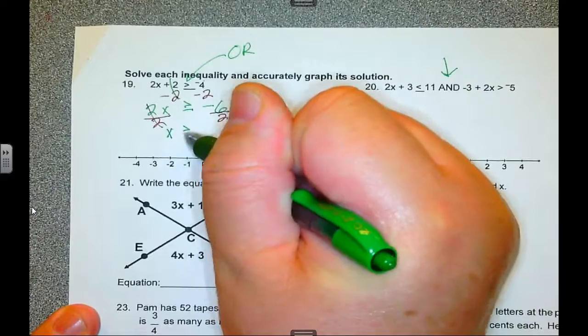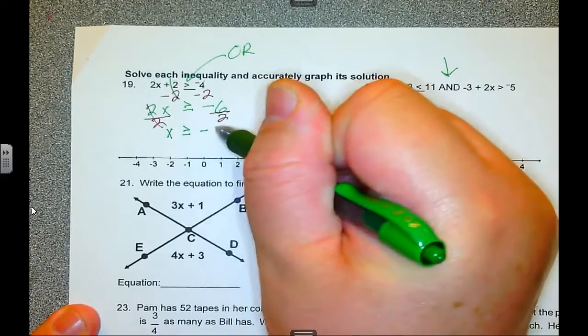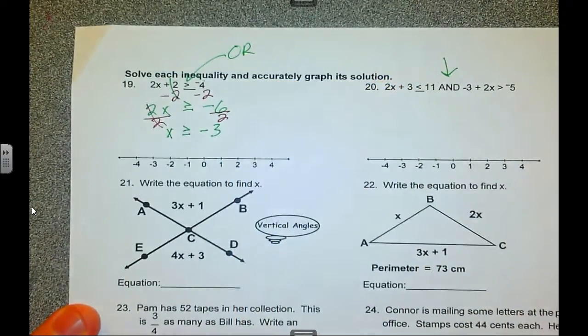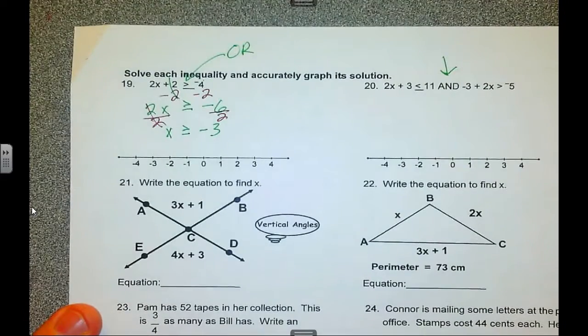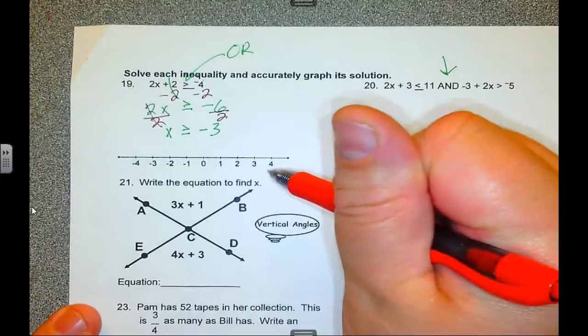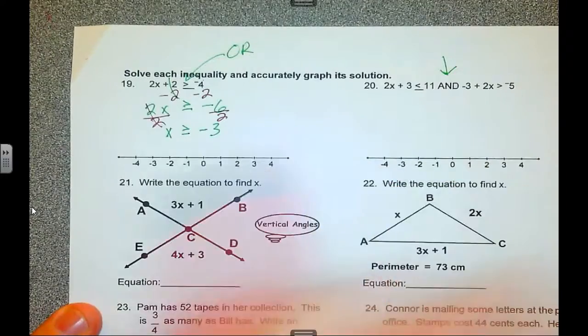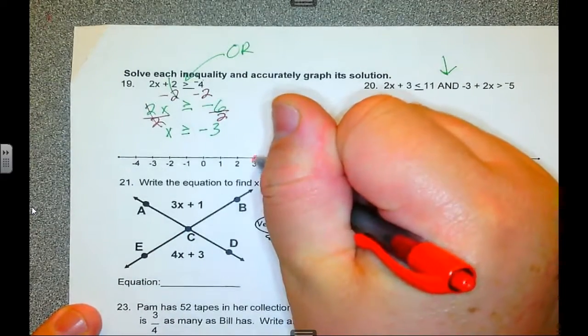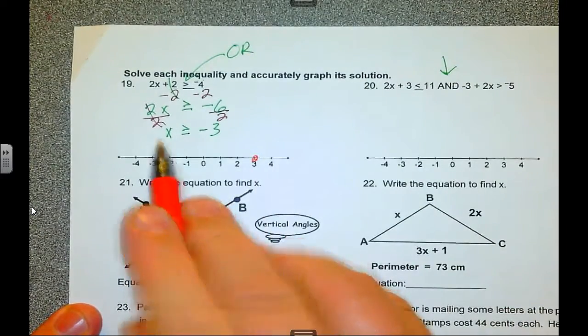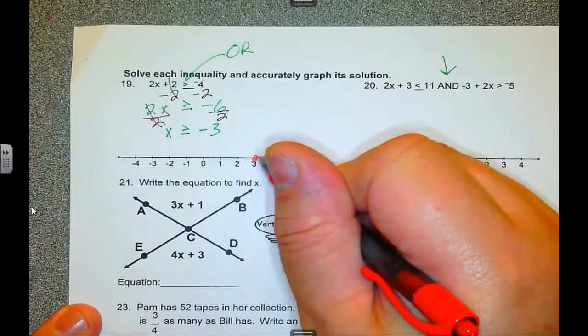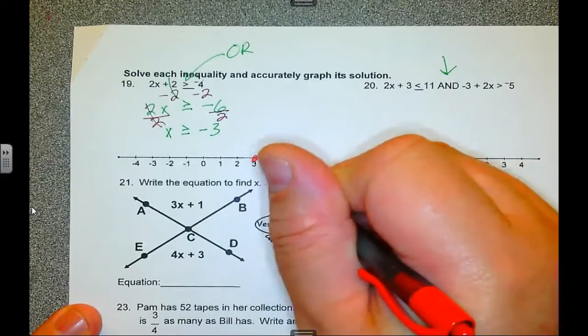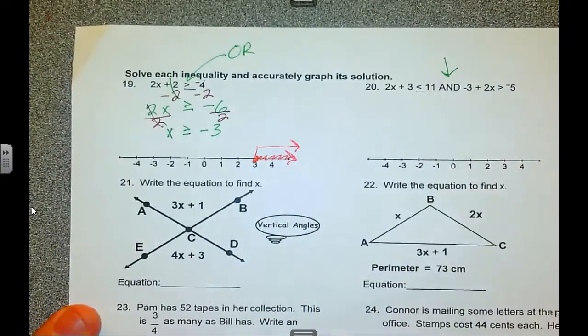Okay, we're dividing it by a positive, so leave the sign as is. Open or closed circle? Closed. Since my variable's on the left-hand side, just follow the arrow. You could either do it like this or like that. I don't care.